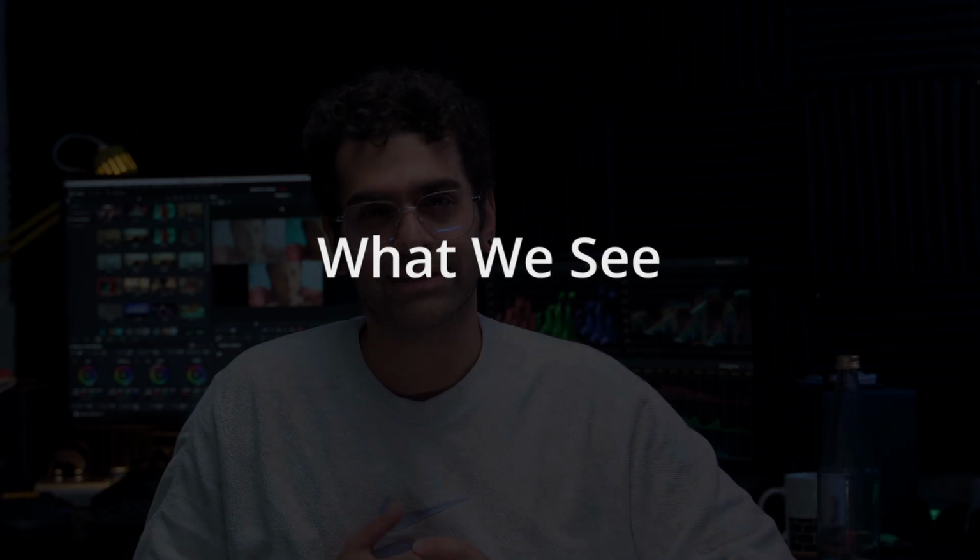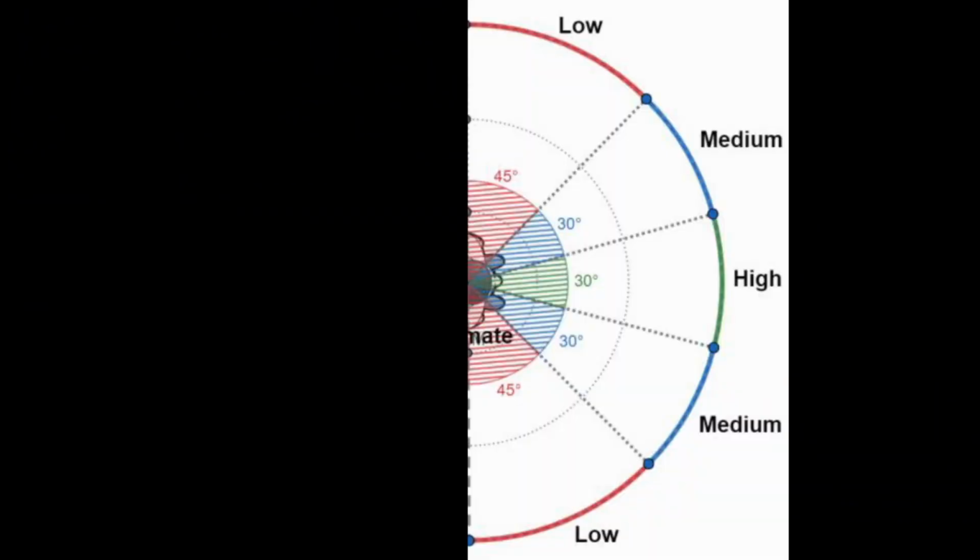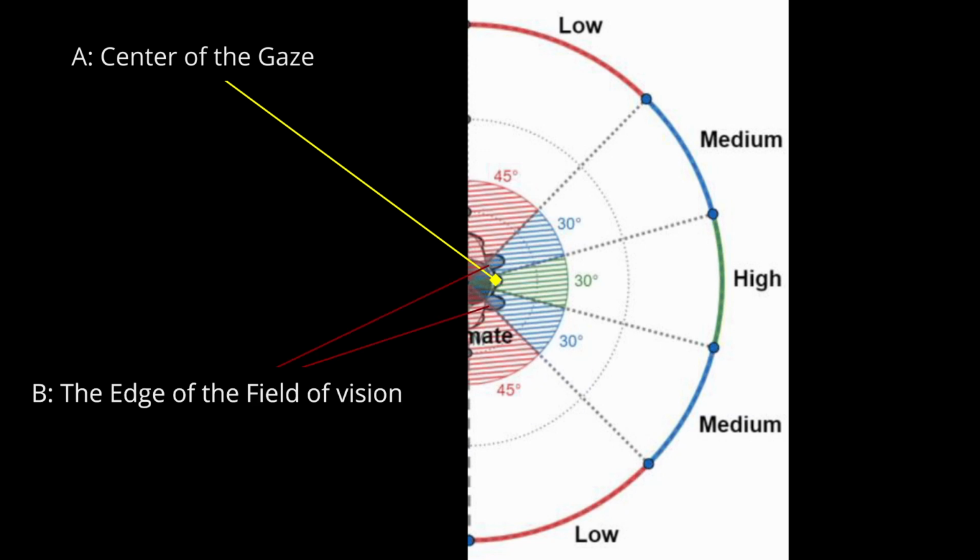Human vision is complex. Not only do we have different abilities to see colors and light, but we also process what we see in our brain, which interprets the colors and light at different levels. Our vision is divided into two parts. At the center of the gaze, the cells that see colors and require bright light are less numerous. At the edge of the field of vision, the cells that see in dim light are more numerous.